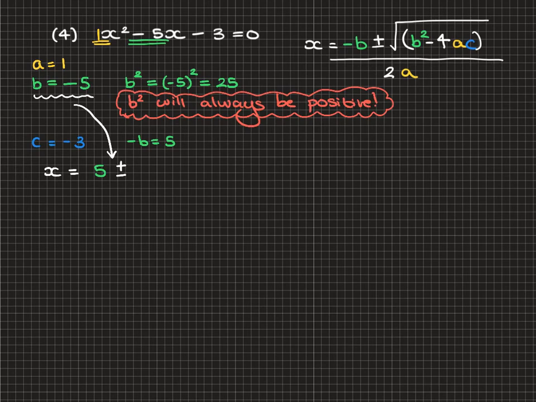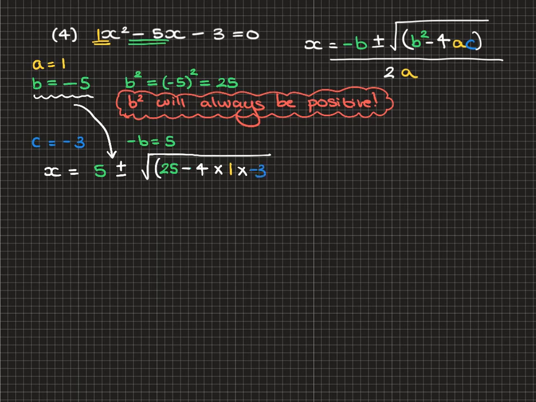So that's a negative b part, plus or minus the square root of bracket. Now b squared is 25. See how much simpler this is than writing minus b all squared or -5 all squared where people make silly mistakes. Minus 4 multiplied by a, which is 1, multiplied by c, which is -3.